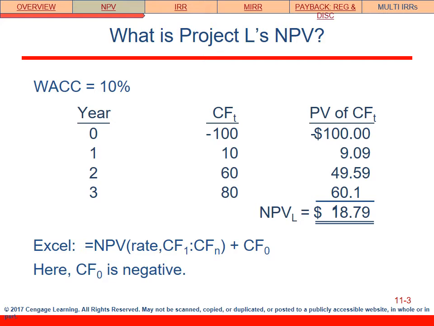This will include the cash outflow at year 0, hence the name net present value. We're netting out the cost of each project. Here, the net present value using this method is $18.79.